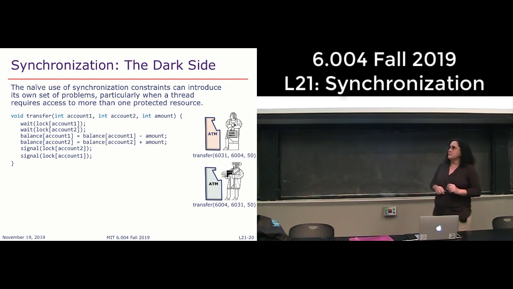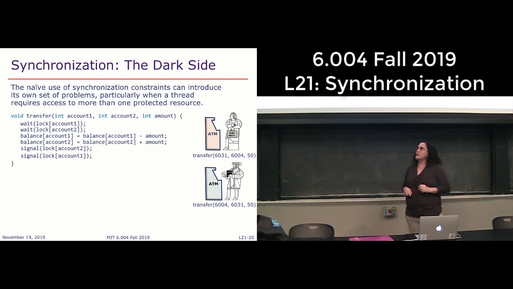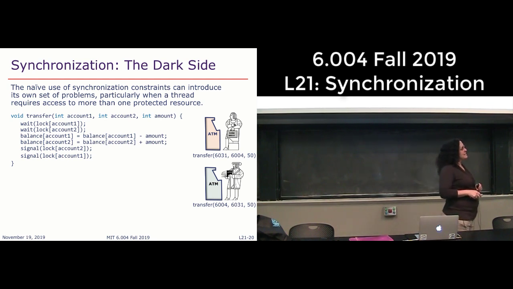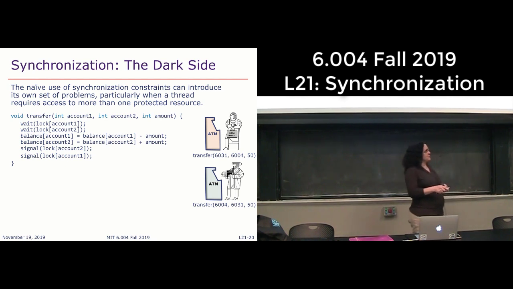Well, suppose, once again, that I'm back to my ATM example, except that this time, instead of trying to take money out of my bank account, I'm trying to perform a transfer. Okay? My first person here is going to perform a transfer from the 6031 account into the 6004 account. And my second person is trying to transfer $50 from the 6004 account into the 6031 account. Okay? So, what's going to happen?